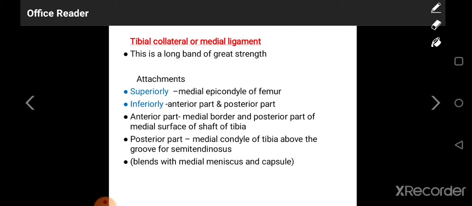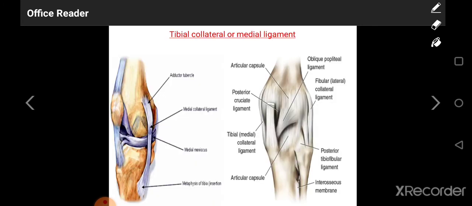The anterior part gives attachment on the medial border and posterior part of medial surface of shaft of tibia, and the posterior part of this ligament is attached on the medial condyle of tibia above the groove for semimembranosus, semitendinosus muscle, and then it blends with the medial meniscus and the capsule, the fibrous capsule of the knee joint. So this is the tibial collateral or medial collateral ligament. As we can see in the diagram, this is the medial collateral or tibial collateral ligament.